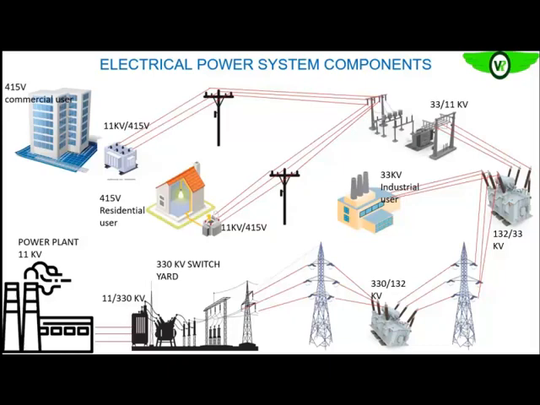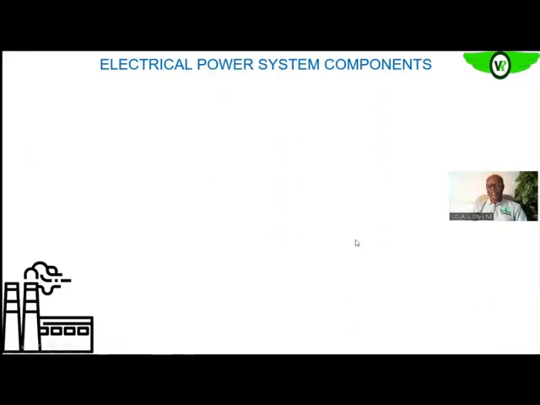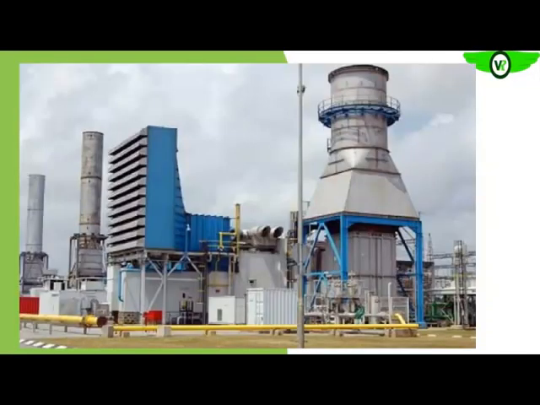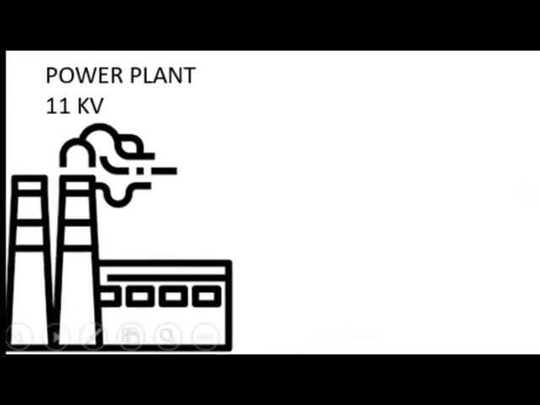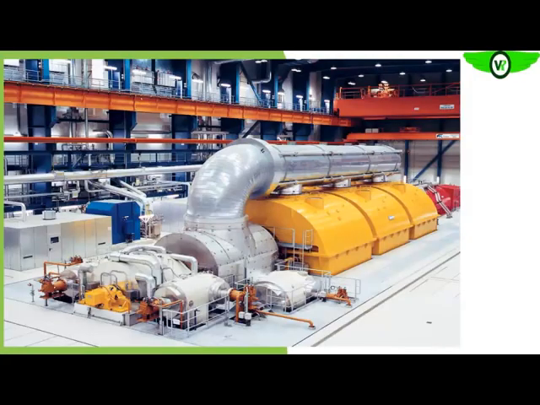The power system comprises the generation system, the transmission system, the distribution system, and the consumer system. The first part of it is the generation station. As the name indicates, that is where the electrical energy or the power that we need in our system is produced.